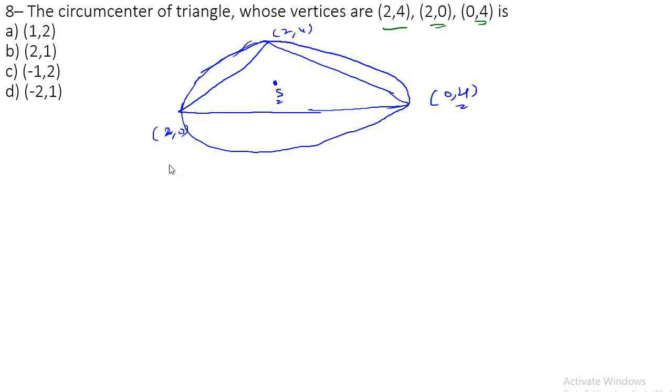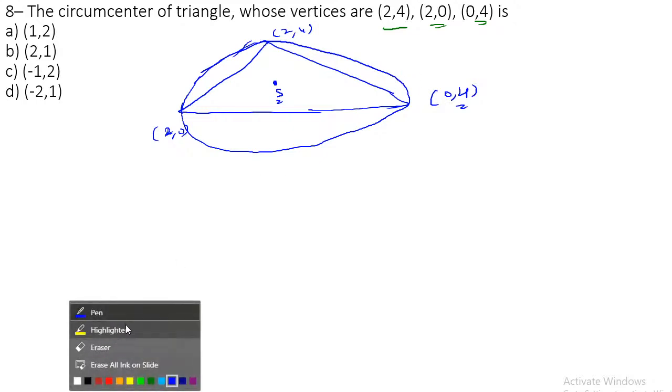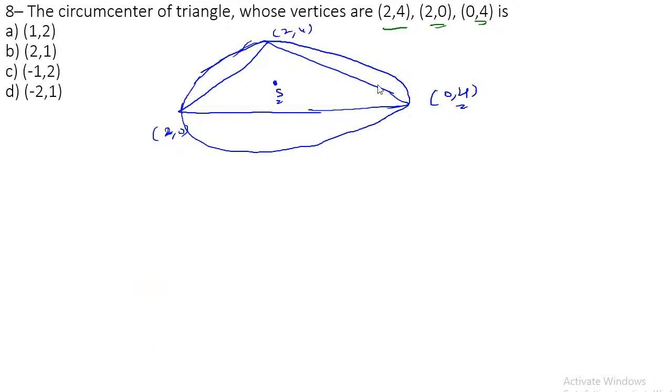So first convert one of these vertices to origin. 2, 4, 2, 0 and 0, 4, and let us subtract 2, 0 from each point.